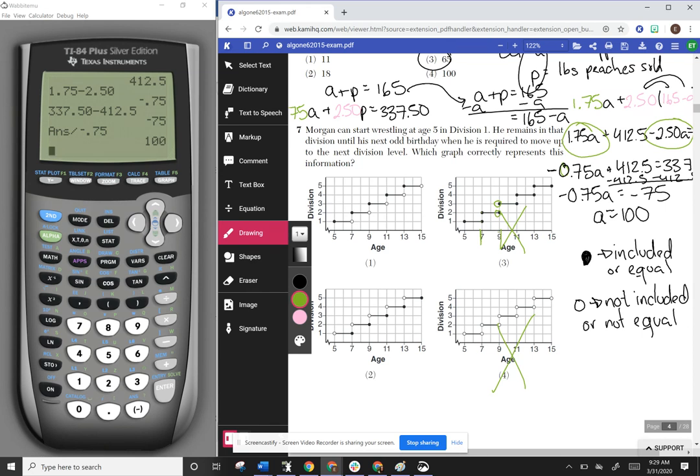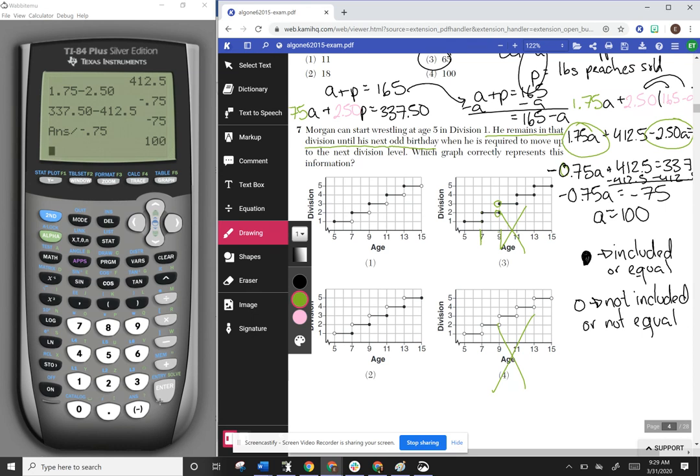Well, let's go back to the question. The question says he remains in that division until his next odd birthday, meaning that on his newest odd birthday, he gets bumped up a level. So let's look at option choice 2 really quick.